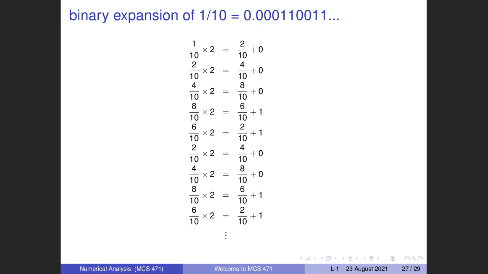Actually, this is not the punchline. Here comes the punchline. If you do this for 1/10, it may be a surprise to us with our 10 fingers. 1/10 and 0.1 are actually very much the same number.